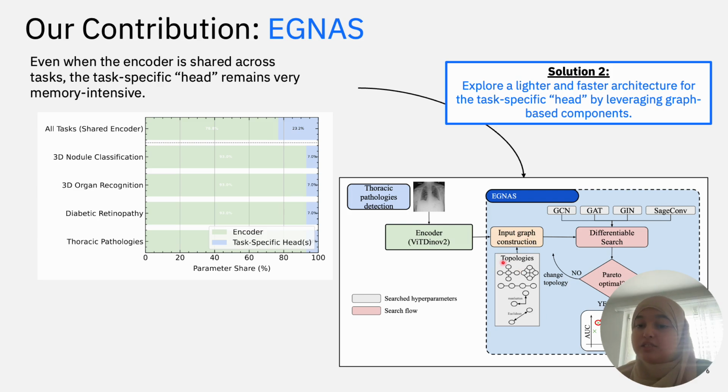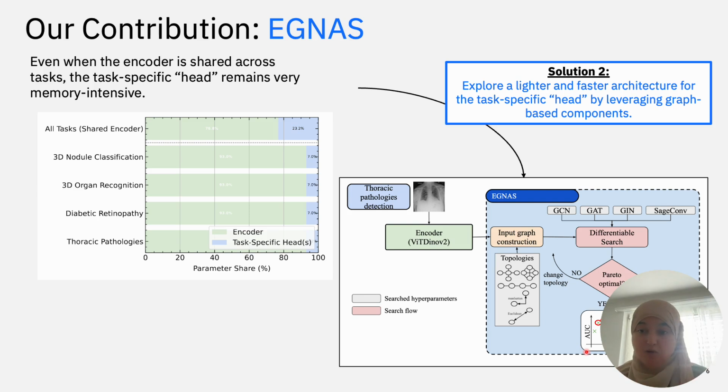So we change the topologies of the input, we create the input graph that is given to the neural network, and we try to find which combination of different blocks we can create to get to the optimal neural network, or the optimal head. Creating this combination, of course, we deal with different objectives.